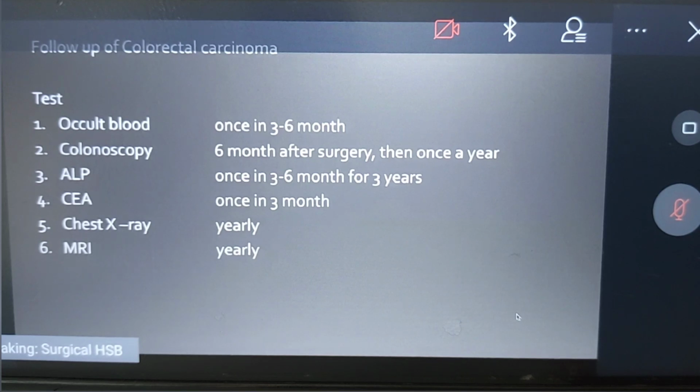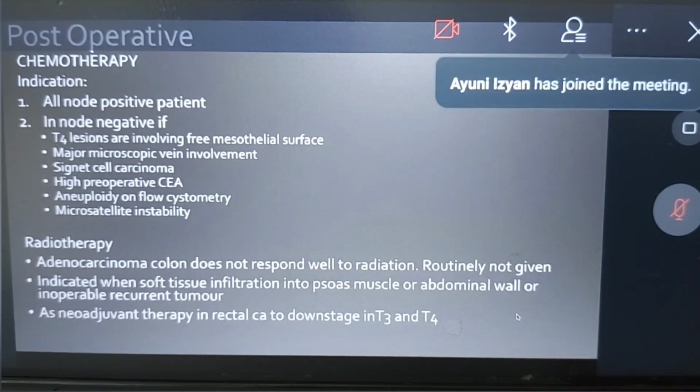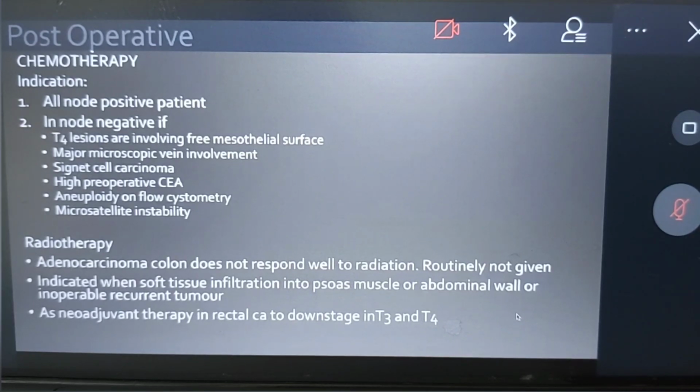Okay. Just now you talked about RT. Can you go to the previous slide? I see something about radiotherapy. This one, the radiotherapy indication. Okay, the indication for radiotherapy is only for rectal cancer, not for colon cancer. Management of colon cancer and rectal cancer is different, okay? Your topic today is colon cancer, isn't it?